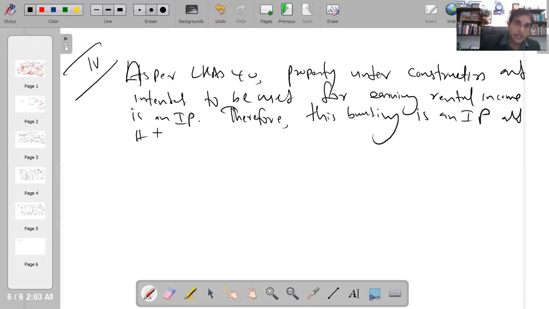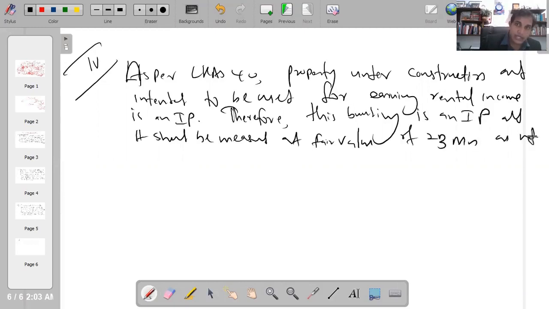and it should be measured at fair value of 23 million as at 30th June 2020.